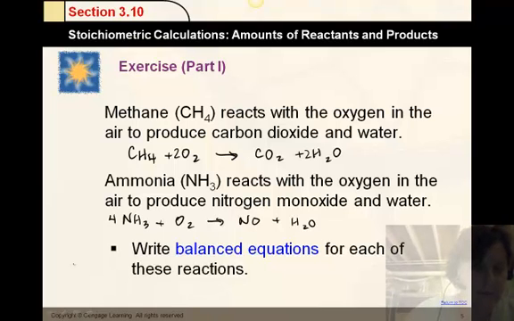So let's see if this works. And that would give us 10 oxygens. This is 4 oxygens and 6, which make 10. 12 hydrogens, 4 nitrogens, 4 nitrogens. So that's the balanced equation there.